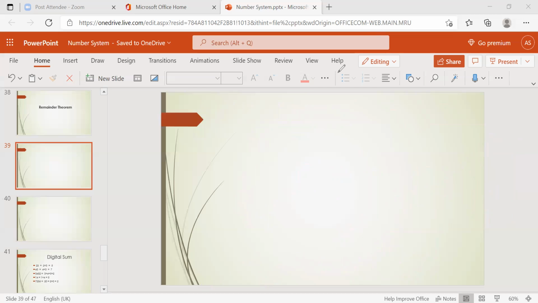Now I'll give some more questions to solve. Just solve this: 59 by 58 whole power 637, right? Now see, how can we write this one?